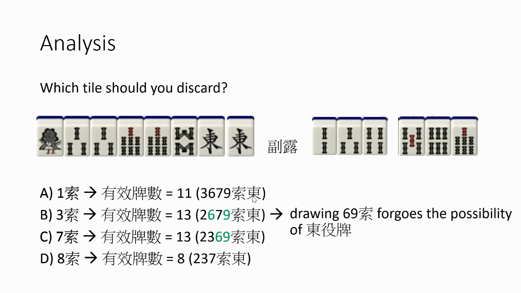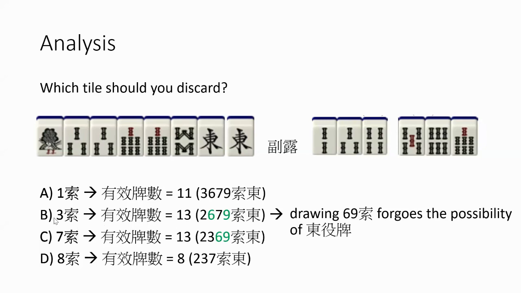When you try to do the counting, you will see we are actually waiting for 11 tiles. The number of 有效牌數 is 11. Similarly, for 3索 and 7索, you should be able to see that in fact the 有效牌數 is 13. So in fact, discarding 3索 and 7索 should be the most optimal in terms of tile efficiency.